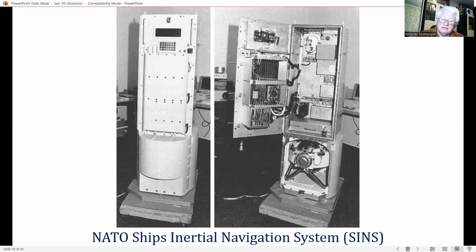And the major task of achieving the required computational accuracies had to be solved, and in fact, the first digital computers operating in real time were developed for INS systems.